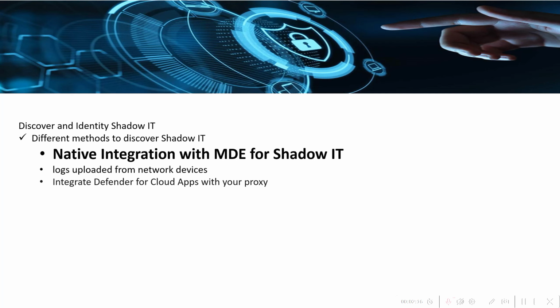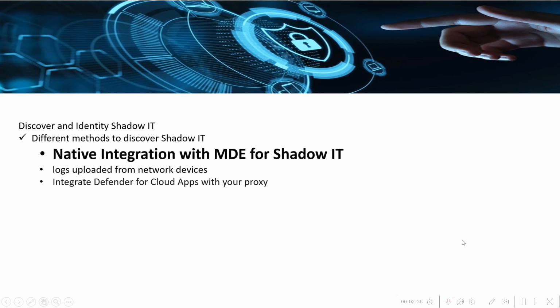One of the benefits of this method is that it works when the device is on and off the network, which means that if the user is working from home with his personal network, the information or the data is still collected for cloud discovery. And this gives the admin visibility towards the applications used by the employees.